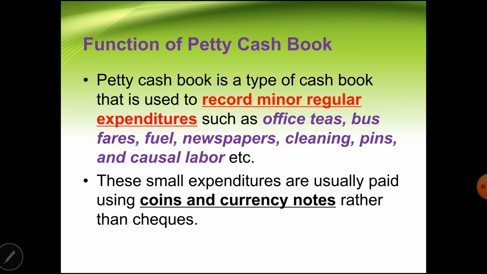For example, you're paying for the postages, you're buying stationery, you need to pay the wages of the part-time labor. Things like that, just a small amount. It is not advisable for you to issue check because it is just a small amount. Okay, so these are the purpose of having petty cash book, and we are normally paying cash. Look at that, using coins and currency notes.